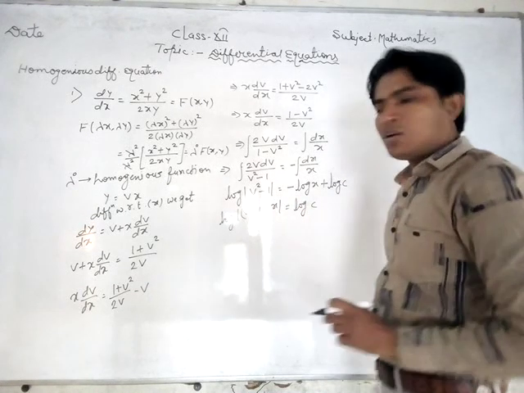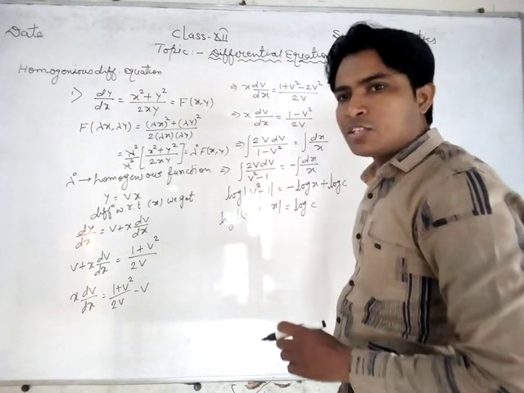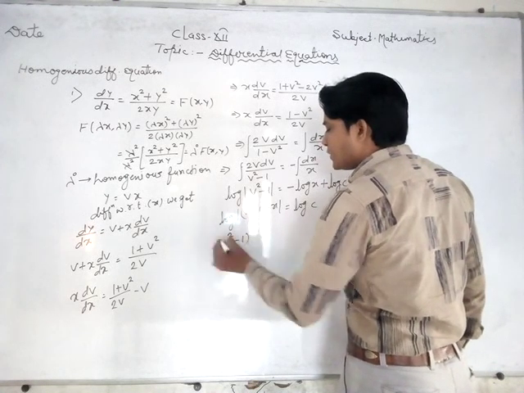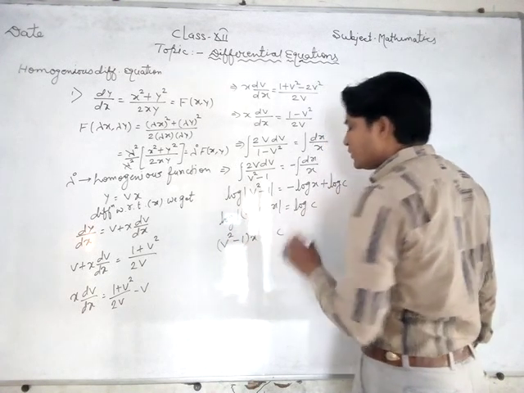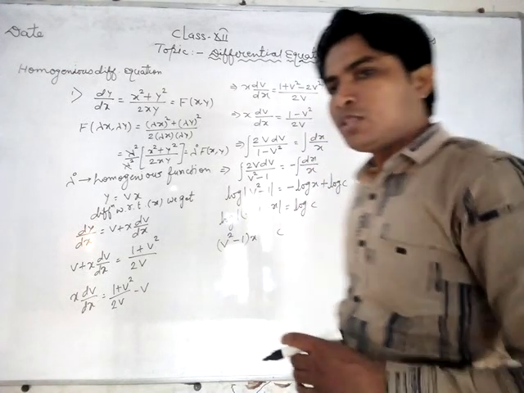After taking the anti-log, log and log will cancel out. So finally we have v square minus 1 into x equal to c.